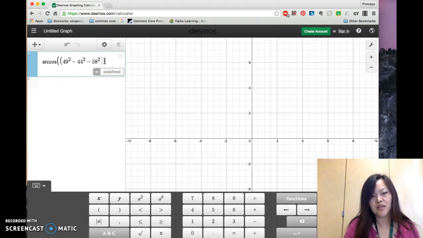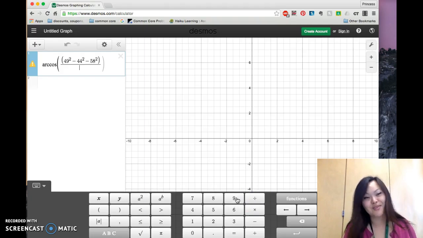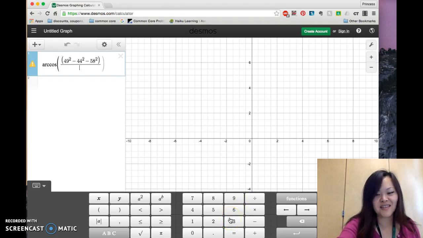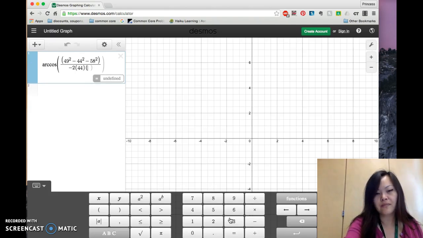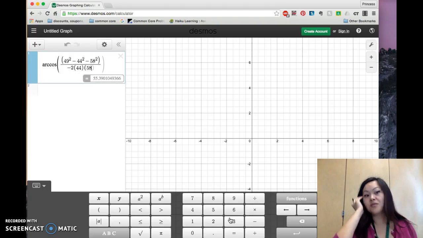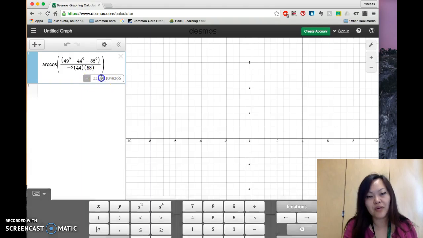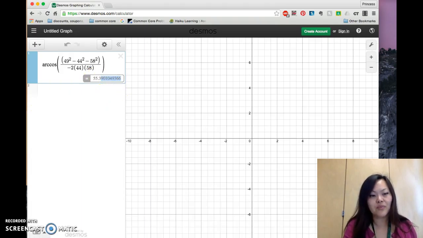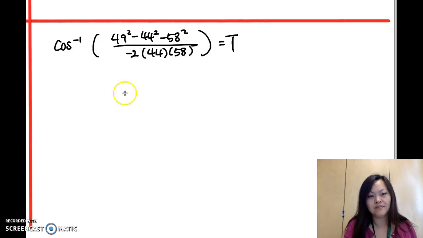And then in between these two parentheses, just click on divide, right? Sometimes you don't know how to use decimals. I don't understand why. This is like the best thing ever, for me, that is. 44 and then 58. It's so easy because you just have to punch in all the numbers. So then you're going to get 55.39. So it's 55.4, right?